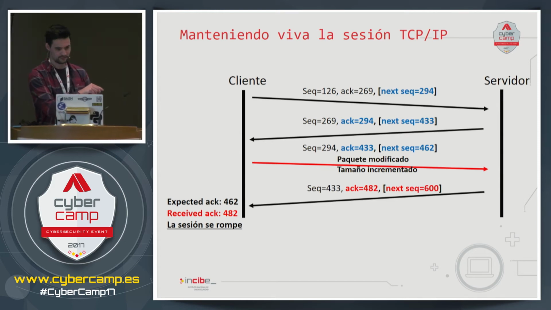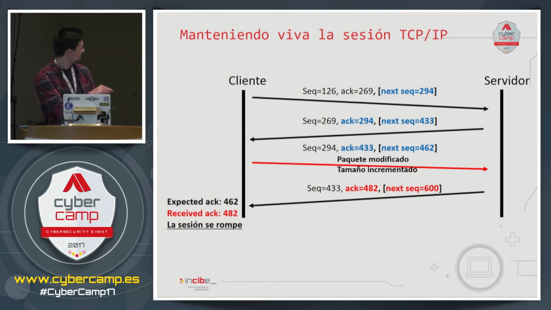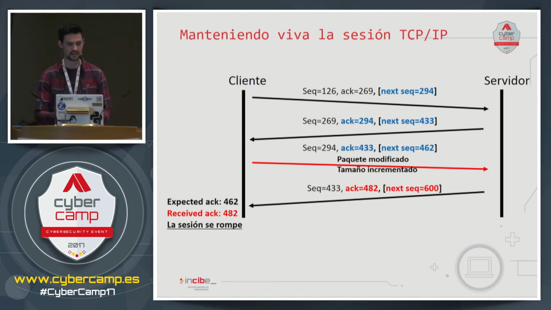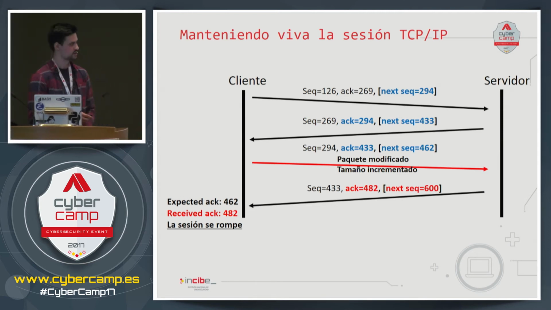So when we modify the package in the middle, we send the package, the sequence number and the acknowledgement are okay, they get here okay, but when this one estimates the acknowledgement basing itself on the length of this package, because we've modified it in the middle, it doesn't coincide with the acknowledgement that was pre-estimated with the previous package. So the TCP session is broken.